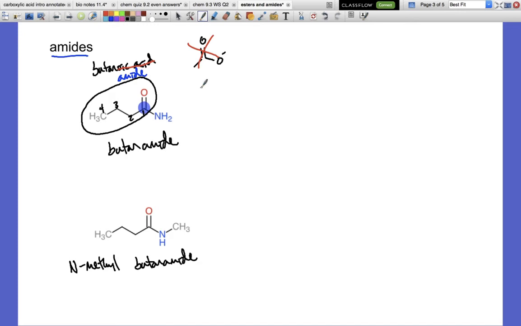Breaking down amides is similar to the ester reactions. If I wanted to break this down, which again I would need water to do, I'm going to, again, break this bond right here.